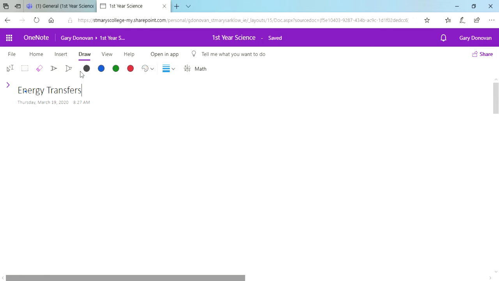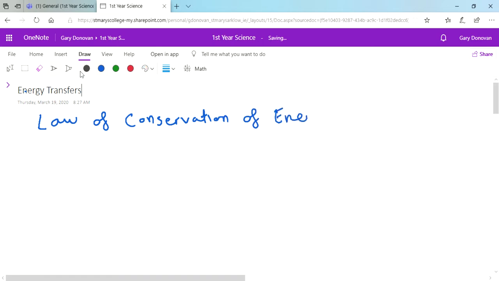There's a really important law in physics and in science, and it's called the law of conservation of energy. You definitely want to make a note of this one because this is one that you need to learn.